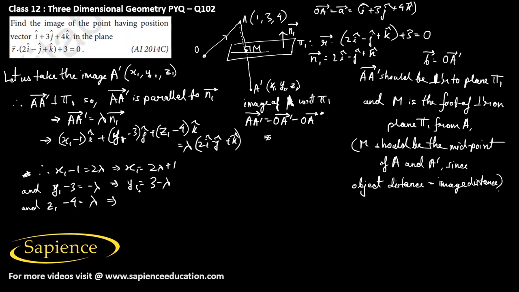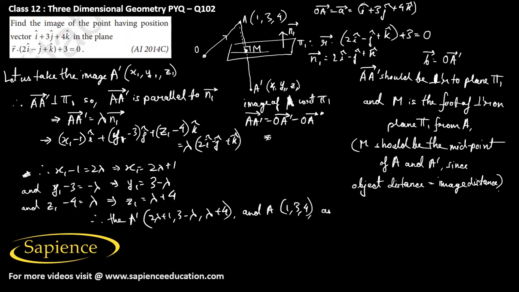Therefore z1 equals lambda plus 4. So the point A dash can be taken as 2 lambda plus 1, 3 minus lambda, lambda plus 4, and the point A is obviously given as 1, 3, 4, and the point M is the midpoint.